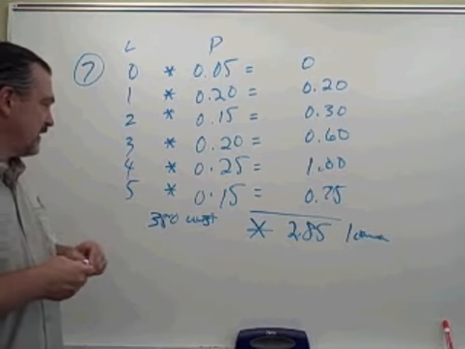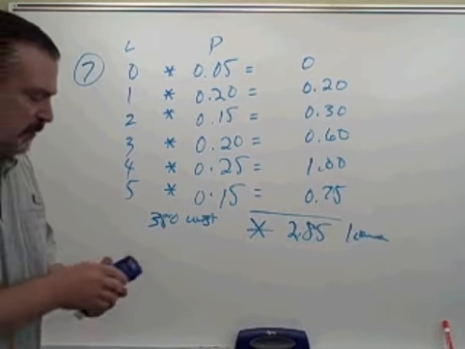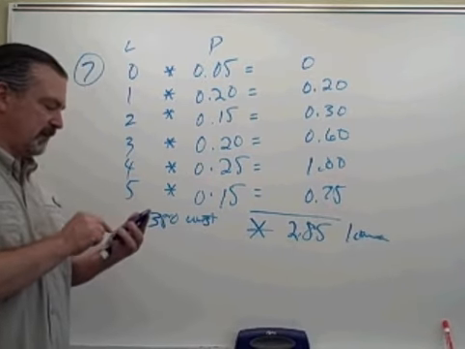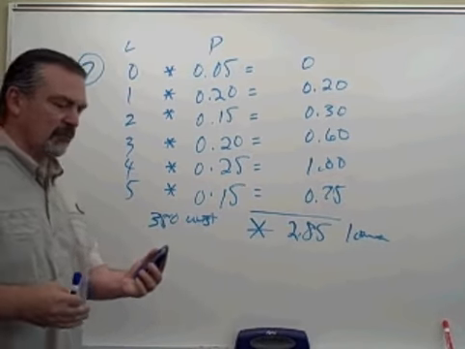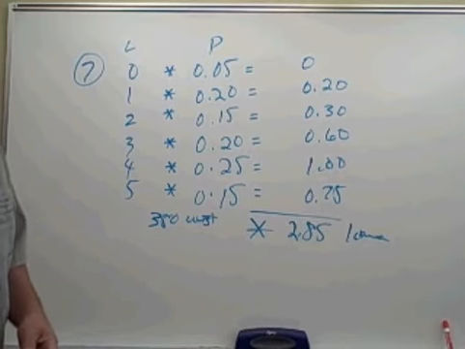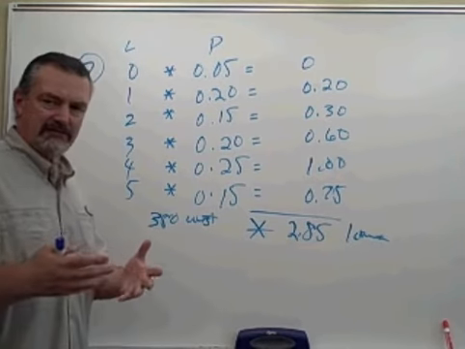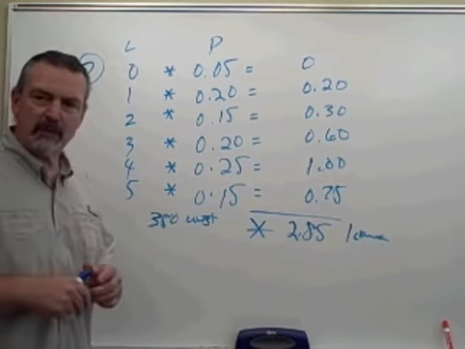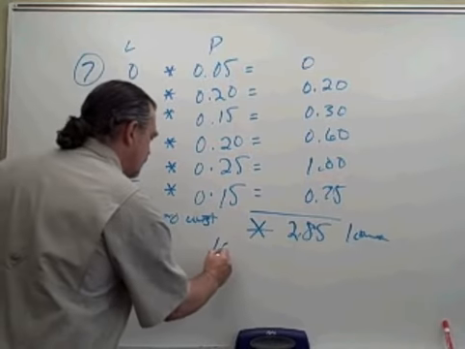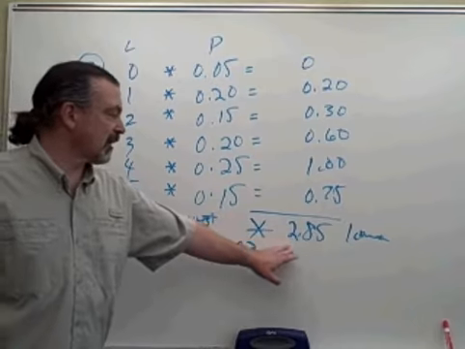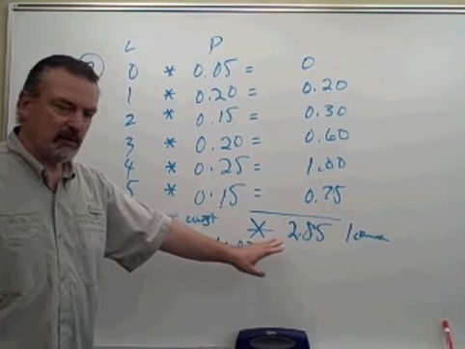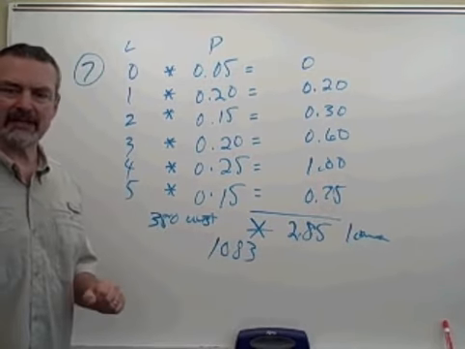If we have 380 customers that we expect, we take that 2.85, multiply it by 380, giving us an answer of 1,083. So if we wanted to make sure we had enough loaves of bread, we would want to at least make 1,083 loaves of bread. That, based upon our previous experience, should handle 380 customers.